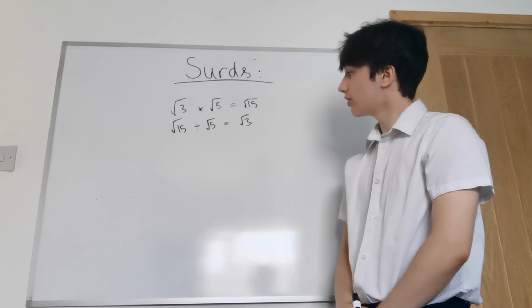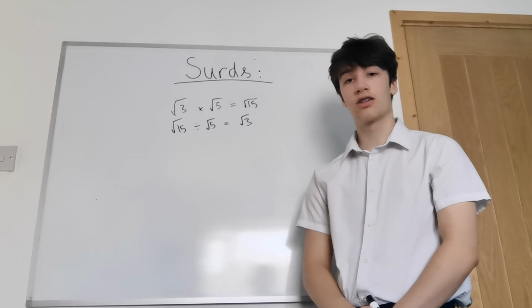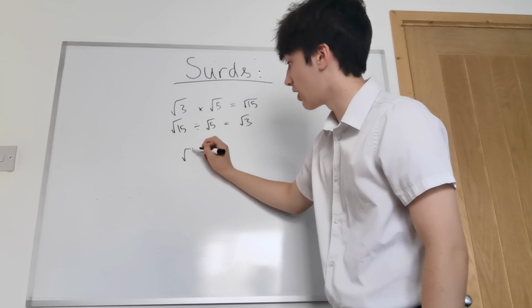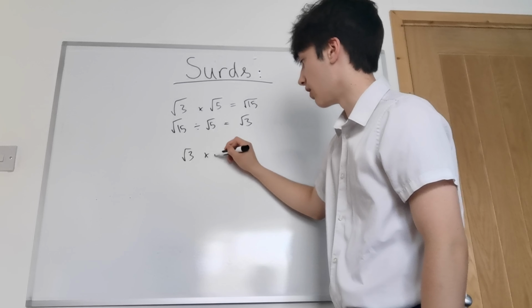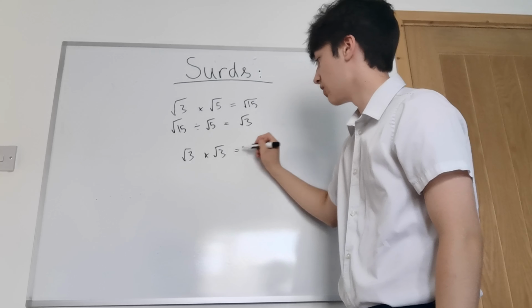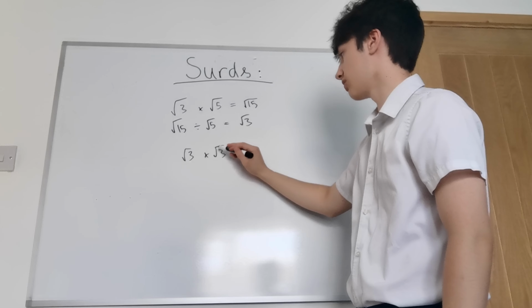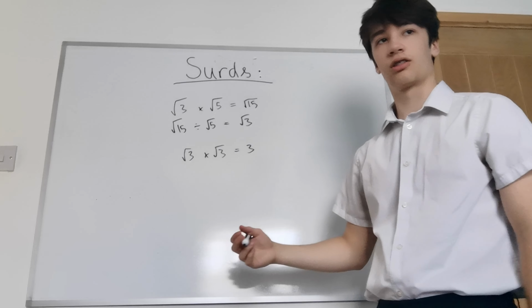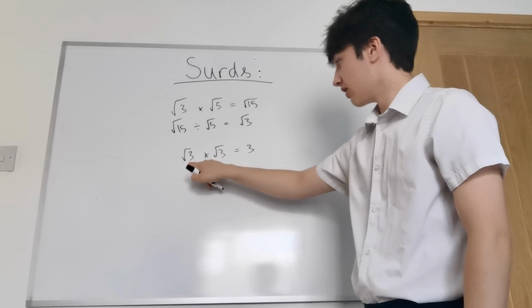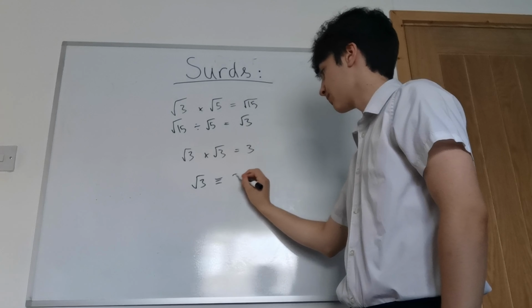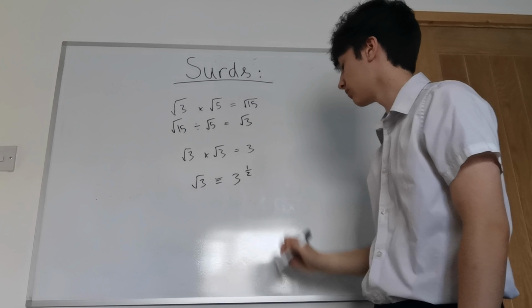Another important rule that is to do with multiplication or powers is that when you times a surd by the same surd, you get the number without the surd sign. I'll explain this better. Root 3 is the same as writing 3 to the power of a half.